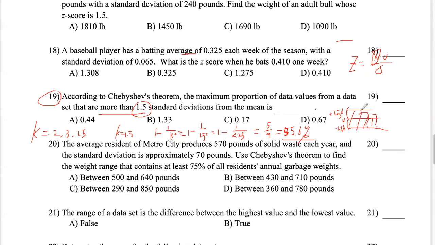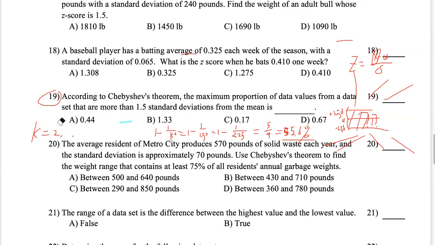More than means it's outside. Altogether is 100%, so you minus the middle, 55.6, so the outside should be 44.4%. The answer should be A. That's the keyword, more than.